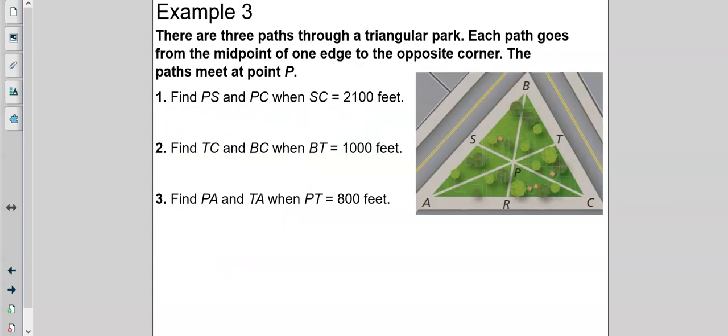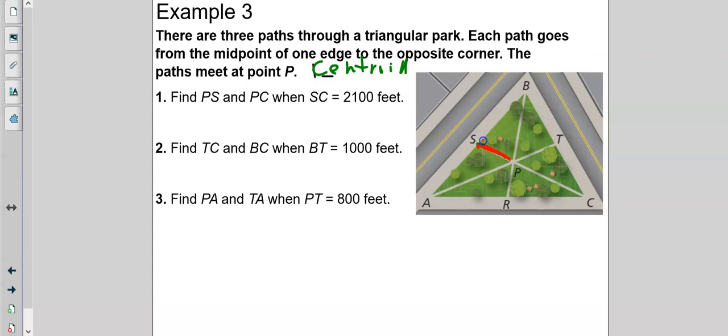All right, there are 3 paths through a triangular park. Each path goes from the midpoint of one edge to the opposite corner. The paths meet at point P. Point P is the centroid. Oh, wow. That doesn't work. Centroid. So find PS. Okay, that's a short segment. I guess I should use a different color. That's a short segment.